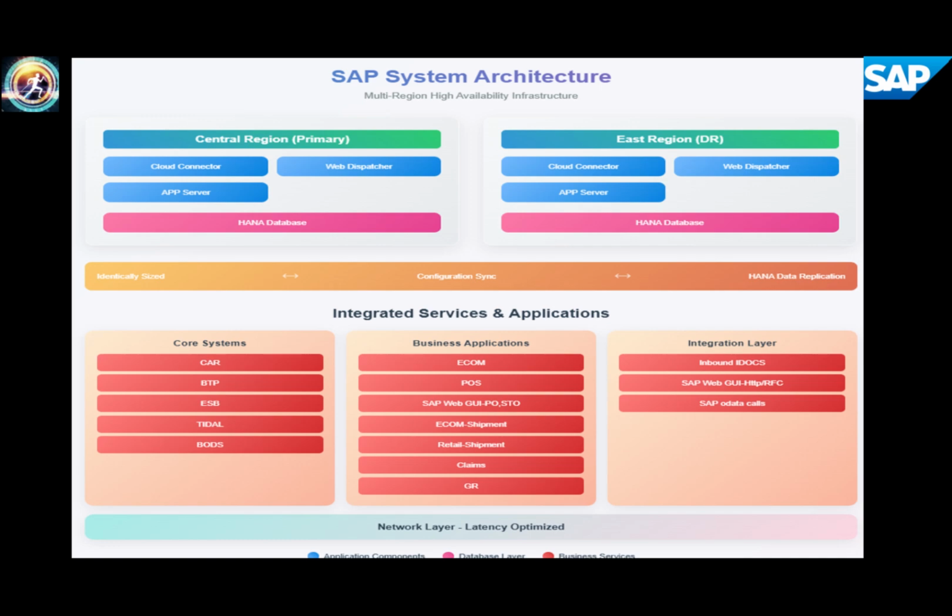The next one is the performance measure. How is the performance when the server was in the central region? That's your BAU, business as usual, performance. And you also need to measure how the performance looks when the server is moved to the east region. In some cases, they don't move the entire distributed system with all the different components.